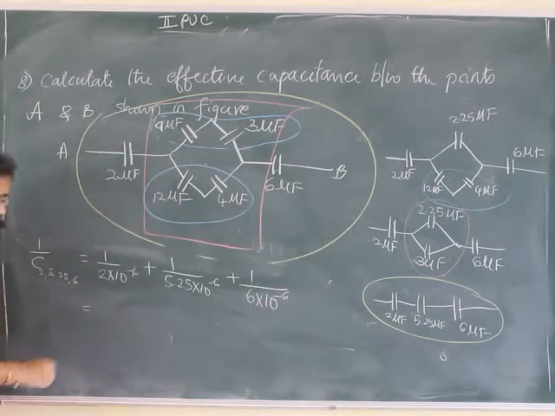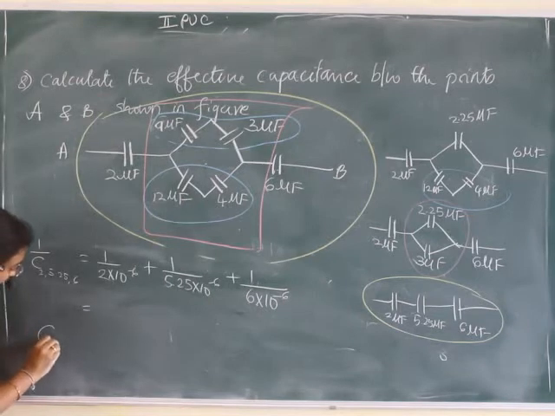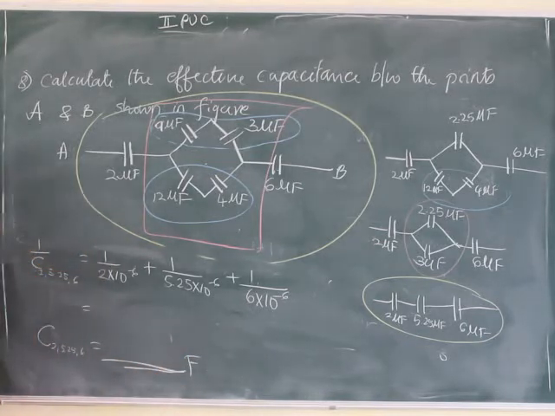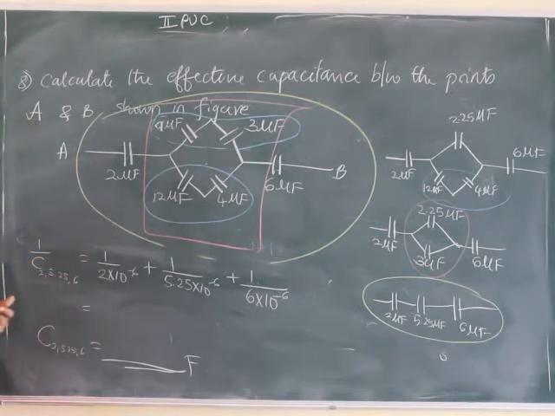Please add this one and get me the answer. Give me the final answer. 2, 5.25, 6. How many farads? That is the total effective capacitance between the points. Next work is yours. You will get one answer for 1 by CS. Then you have to inverse this and give me the answer.